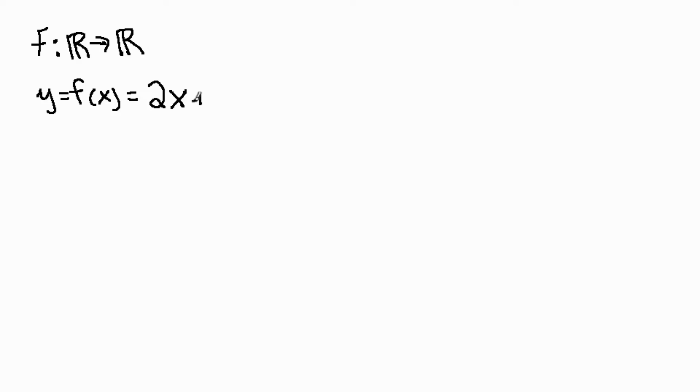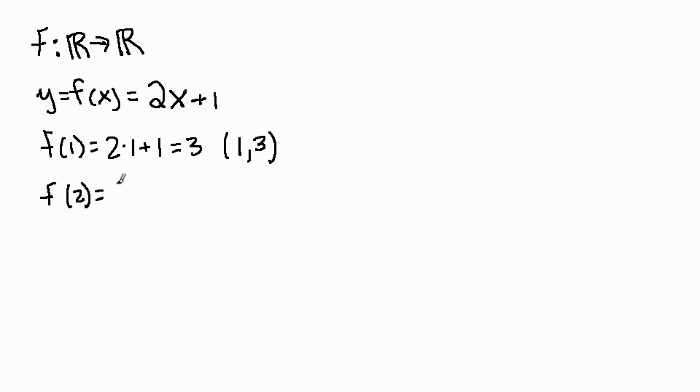Now again, you should recognize that as the equation of a line. For example, if I come over here, f of 1 is equal to 2 times 1 plus 1, which is equal to 3. So that tells us if we were going to draw a picture of this, that 1, 3 is on the graph of this. If I were to come over here and look at f of 2, that's equal to 2 times 2 plus 1 is equal to 5, which tells me that the point 2, 5 is on the graph.